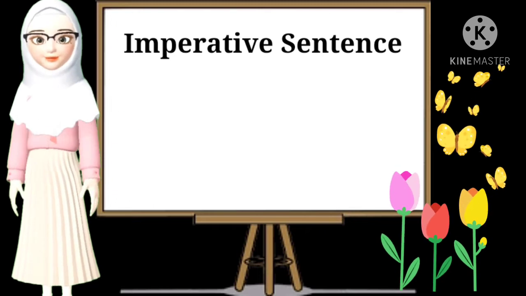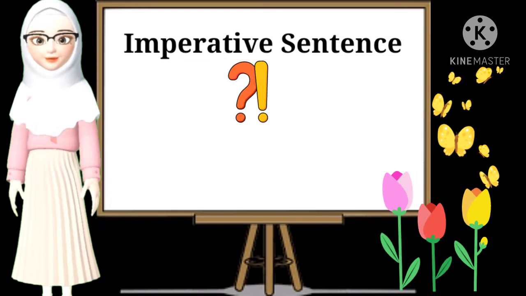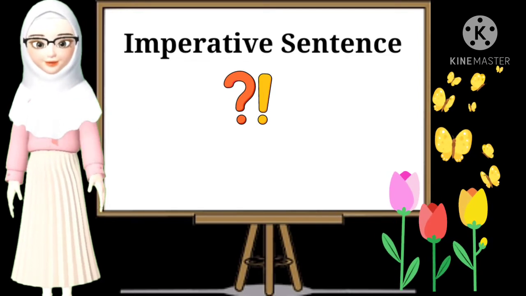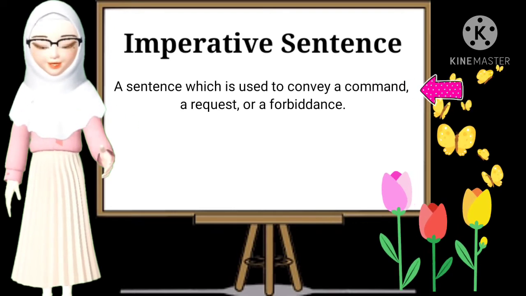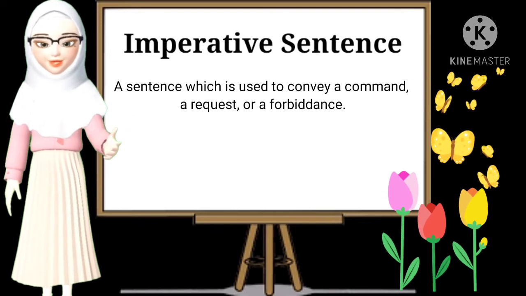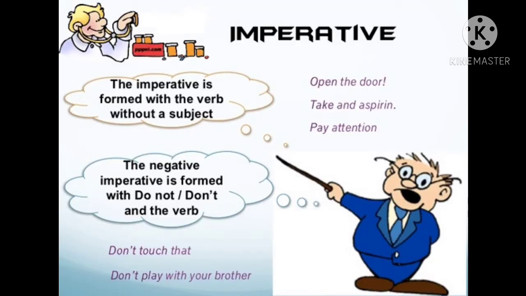Next, about imperative sentence. Is there any student who knows what is imperative sentence? Imperative sentence is a sentence which is used to convey a command, a request, or a forbiddance. Please pay attention to the explanation here, my students.